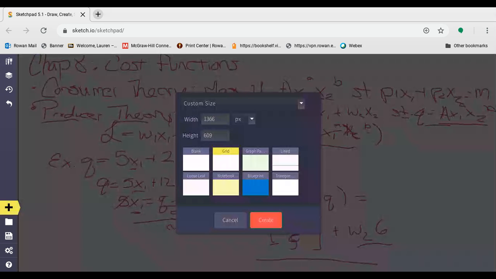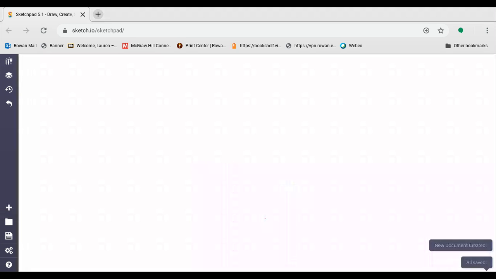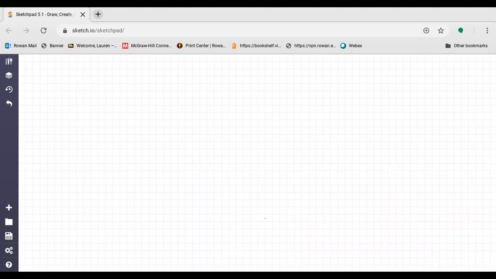Now I'm going to get a new page. And then let's do one that's Cobb-Douglas. So we have maybe Q equals square root of x1 times x2. And I want to rewrite this.